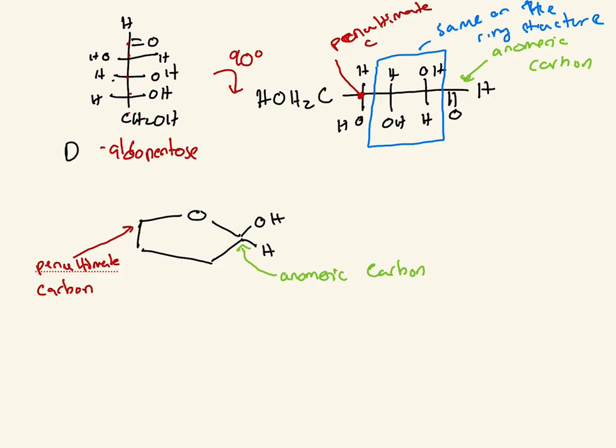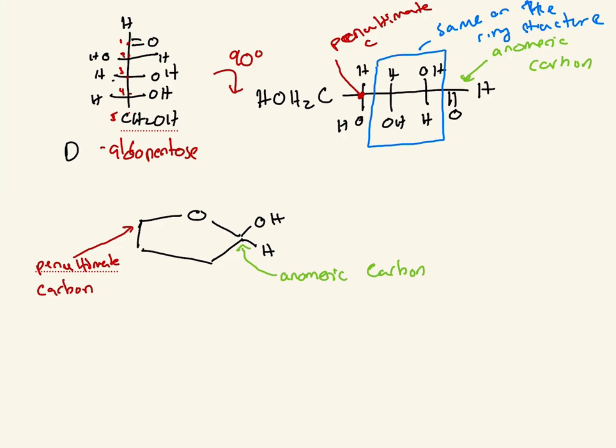And so if I was to number them on the original chain here, this was 1, 2, 3, 4, 5. The anomeric carbon was which number? 1, right? Because this is the anomeric carbon, which is the carbonyl carbon.